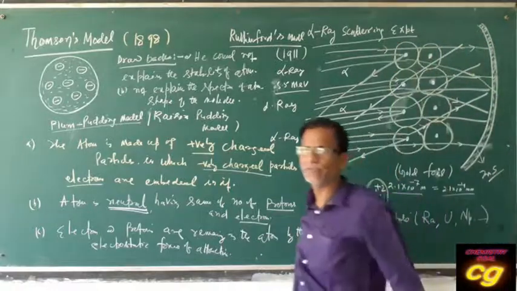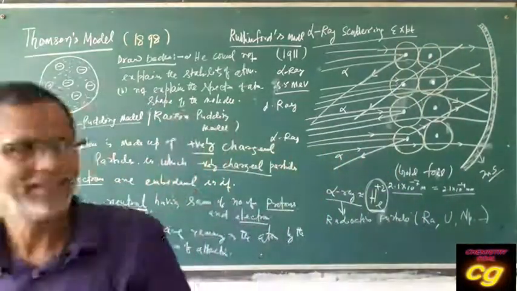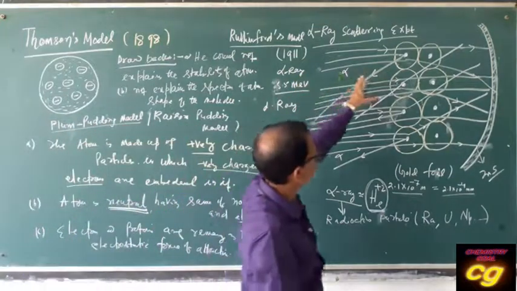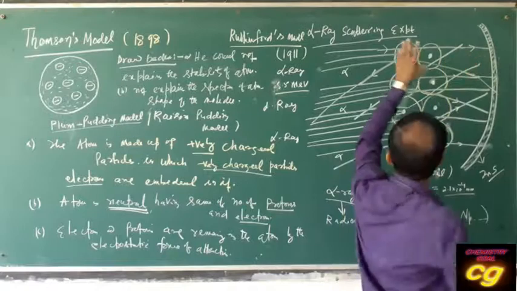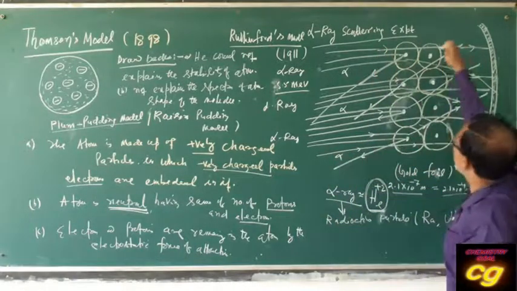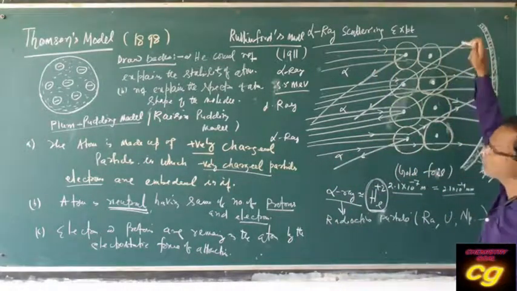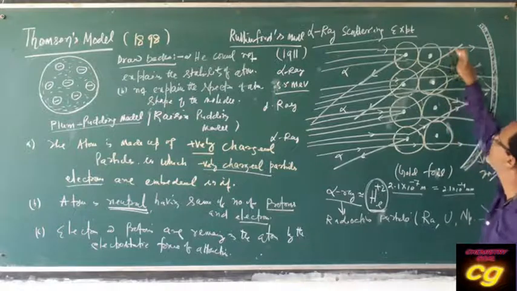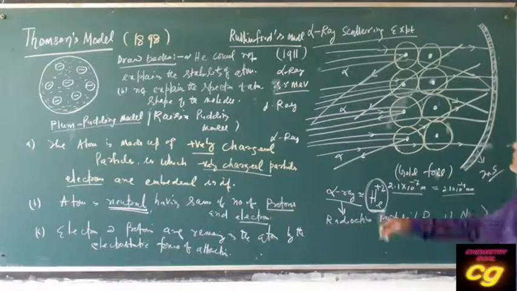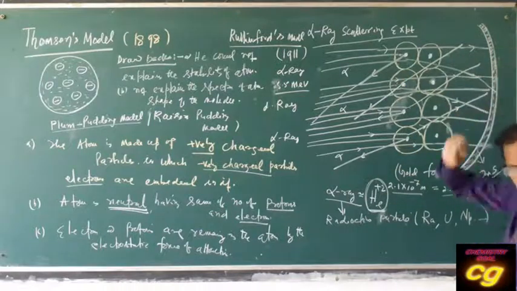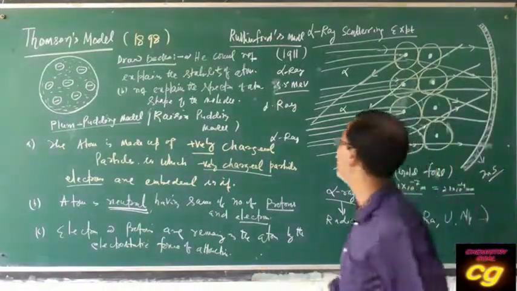No angle is produced between the incident ray and the ray passing through the gold foil; the direction remains the same. There is no change in direction. Few rays pass straight.